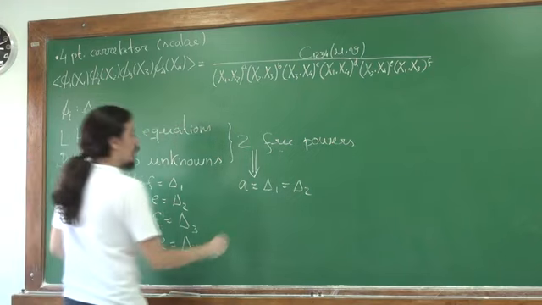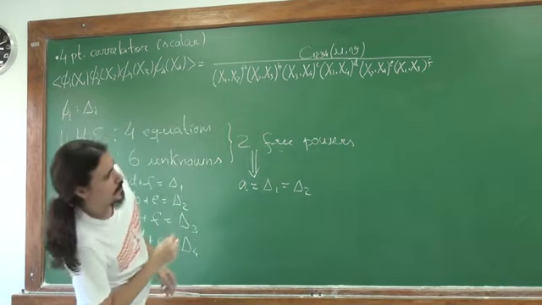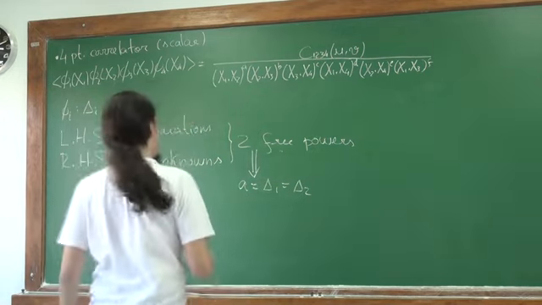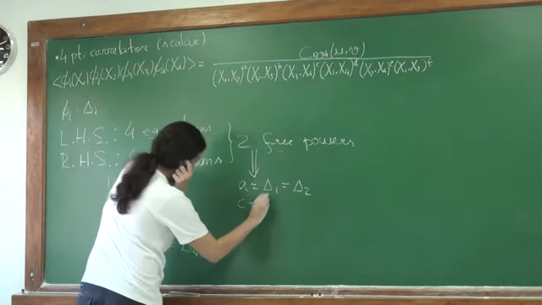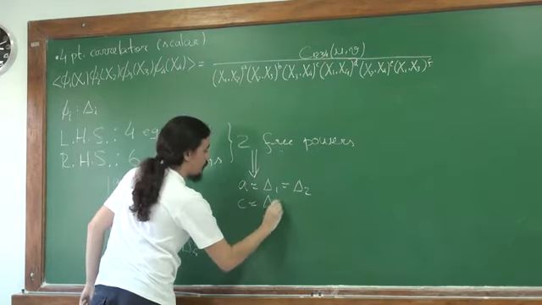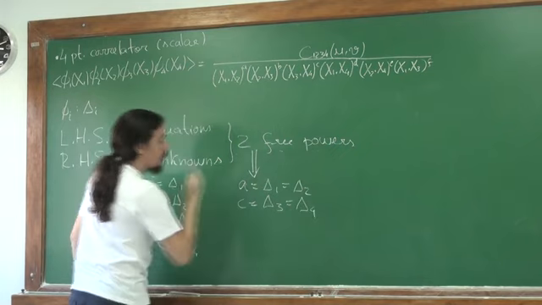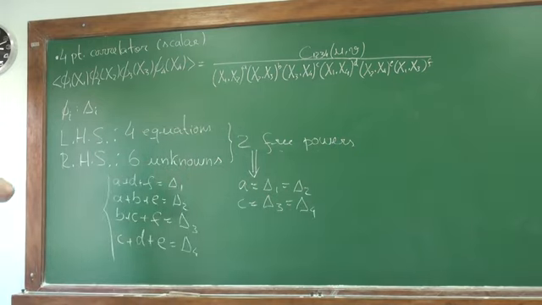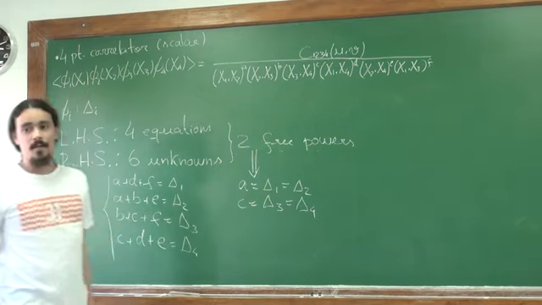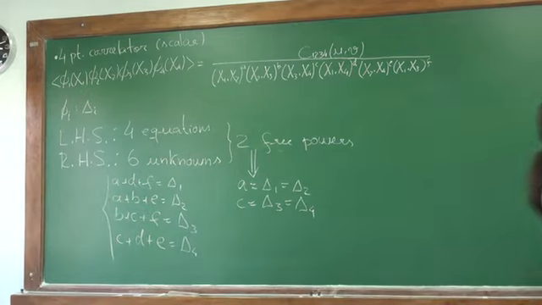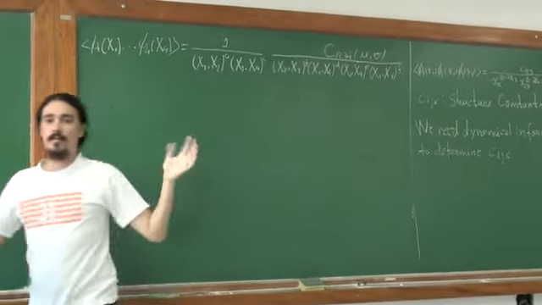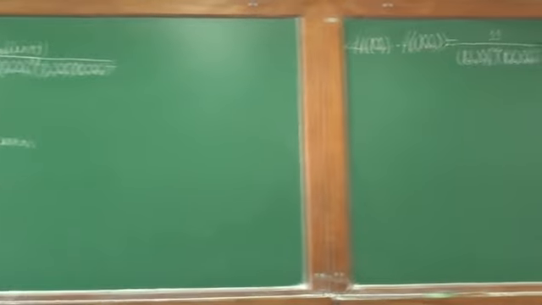And the other one is C. I'll fix C to be delta 3, which is equal to delta 4. Okay? I could have chosen other parameters here, I could have put different factors here. It's just a choice, okay? I have freedom for this.